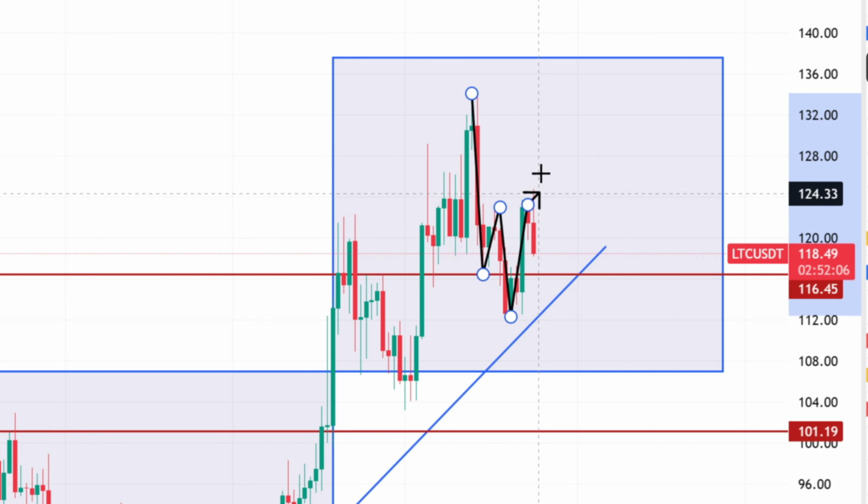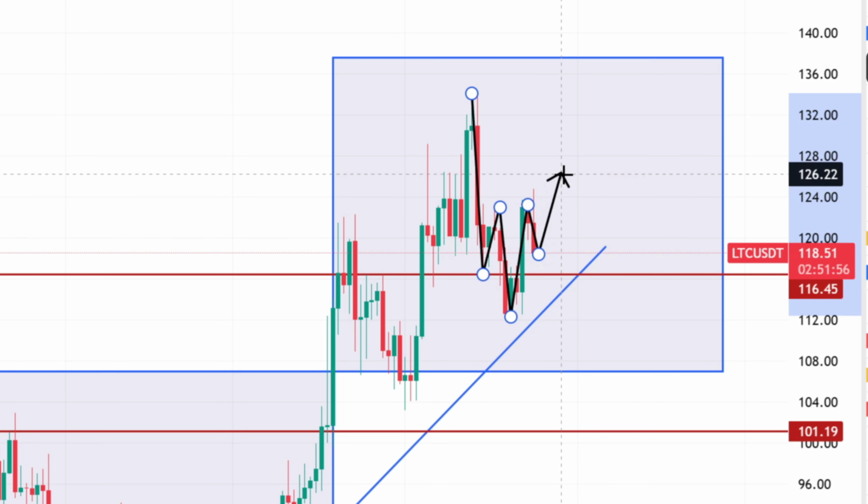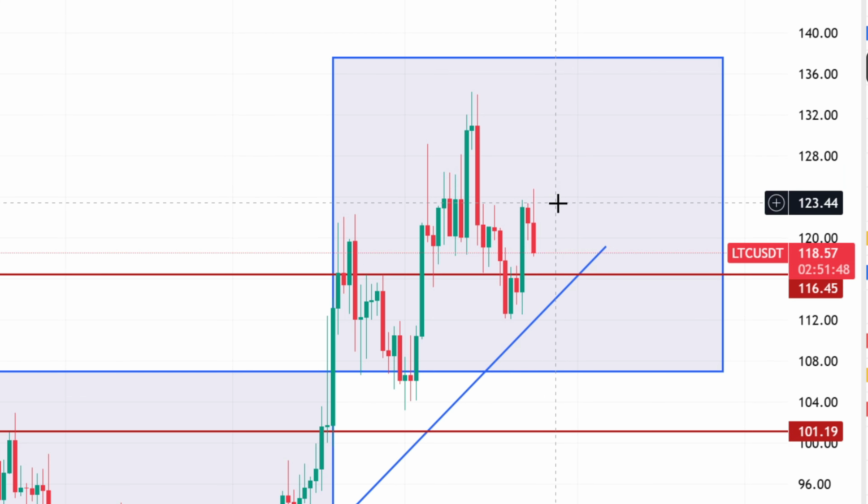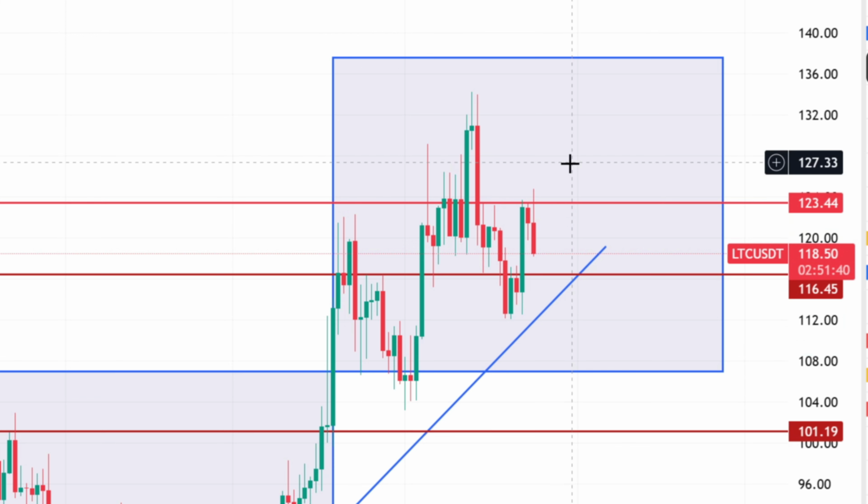Therefore, so far in the smaller picture we are still in a downward trend, and we will have the confirmation that we are back in an upward trend as soon as we make the break of structure. This hasn't happened yet, so that is something I'm still looking out for since the last update. So we want a daily candle close above this high right here.